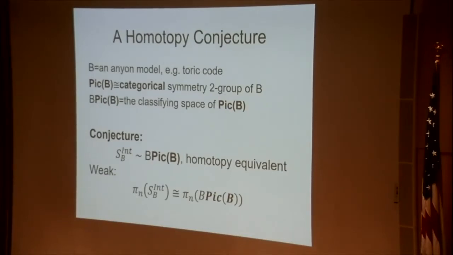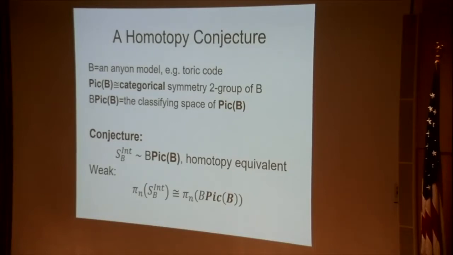So that's this. I use the boldface to indicate this is a categorical group. Then I claim the space of Hamiltonians realizing a topological order, modulo the invertible ones, is homotopy equivalent, meaning it's just a model of the classifying space. So that's the claim I'm making.